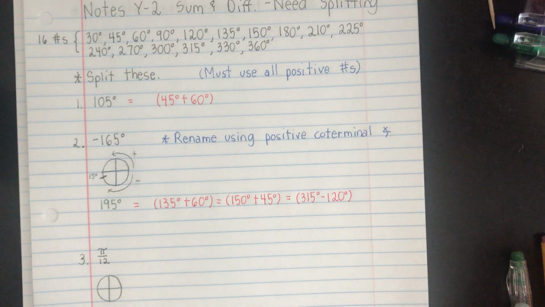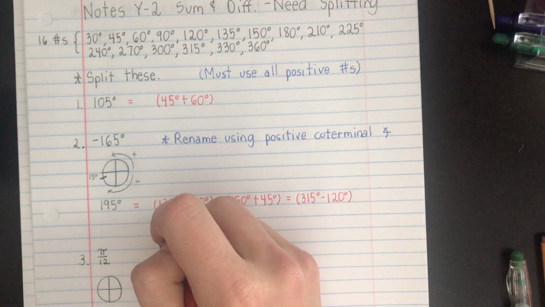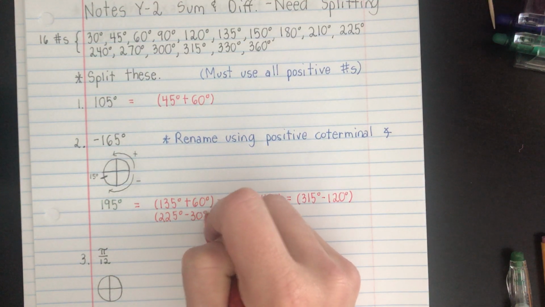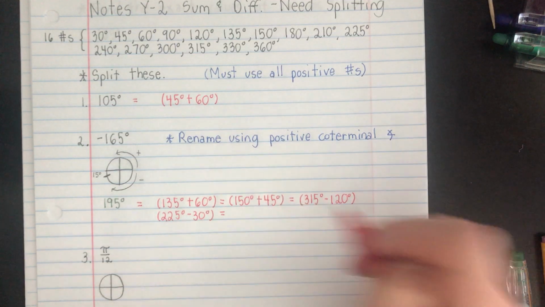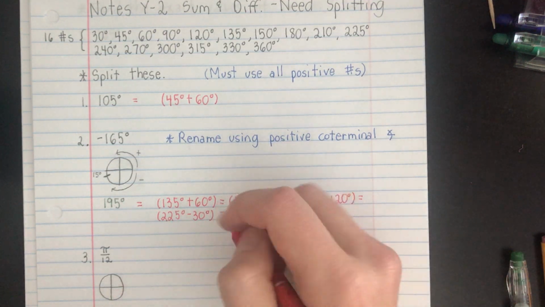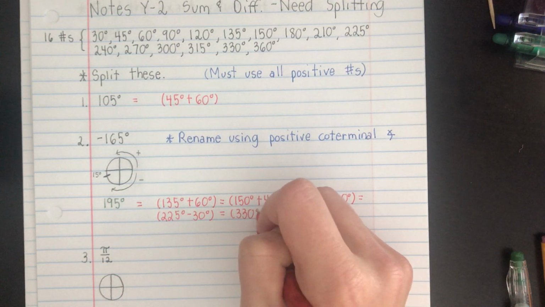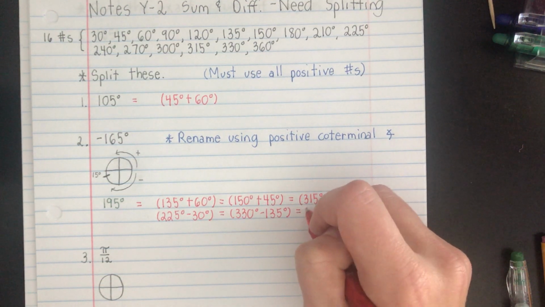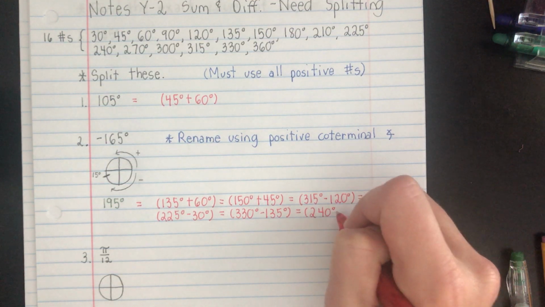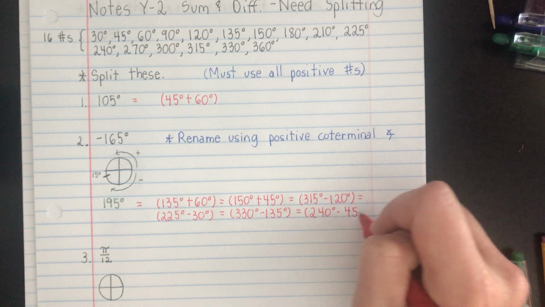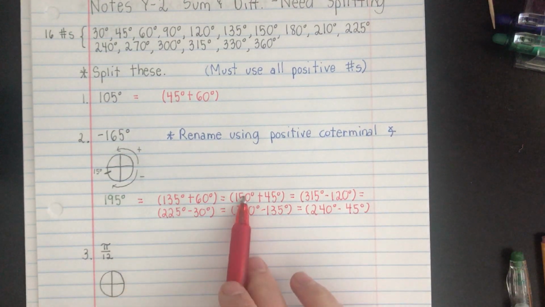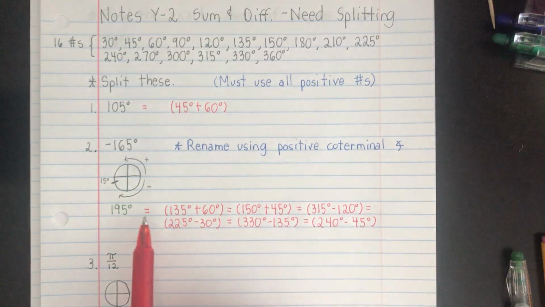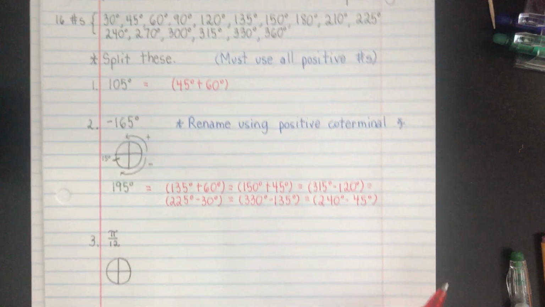It could be rewritten as 225 degrees minus 30 degrees. Same thing as 330 degrees minus 135 degrees. And I think last but not least, 240 degrees minus 45 degrees. So notice all these angles here in red are angles that we know from the unit circle. So there's lots of different options for 195 degrees.